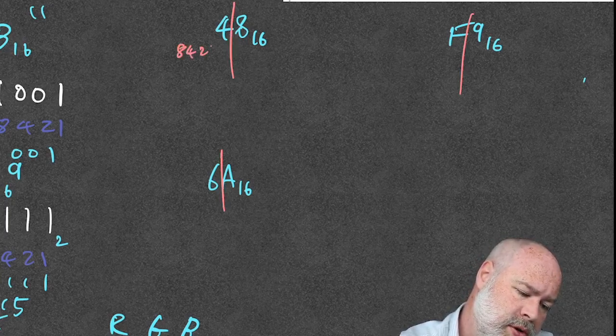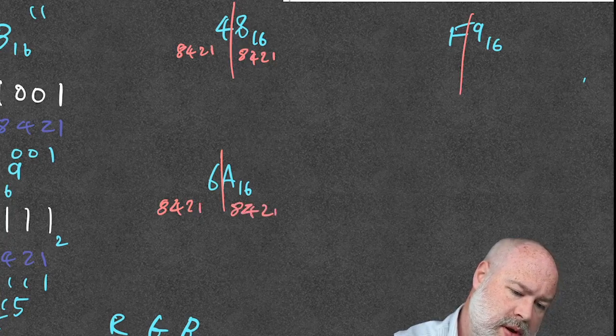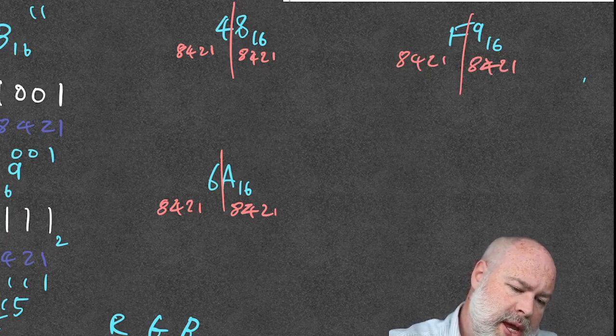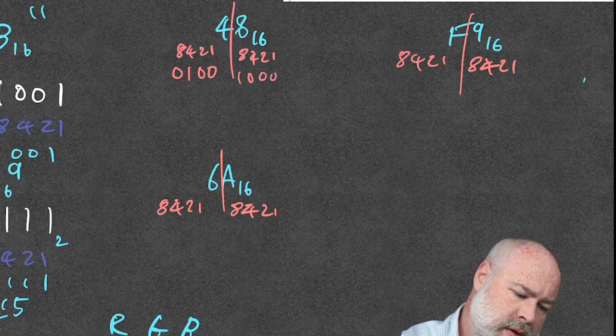So 8, 4, 2, 1 for each nibble. And so what's 4? 0, 1, 0, 0. That's 8, 1, 0, 0, 0.